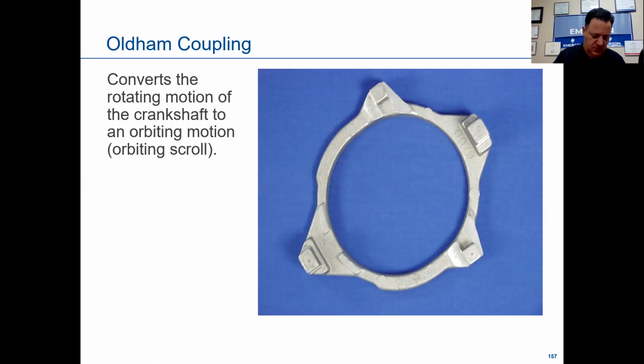There we are. So that's how it looks. I've got the Oldham coupling on these scroll sets, and it's going to go in like this, move around, and compress that gas along those flanks on the side.